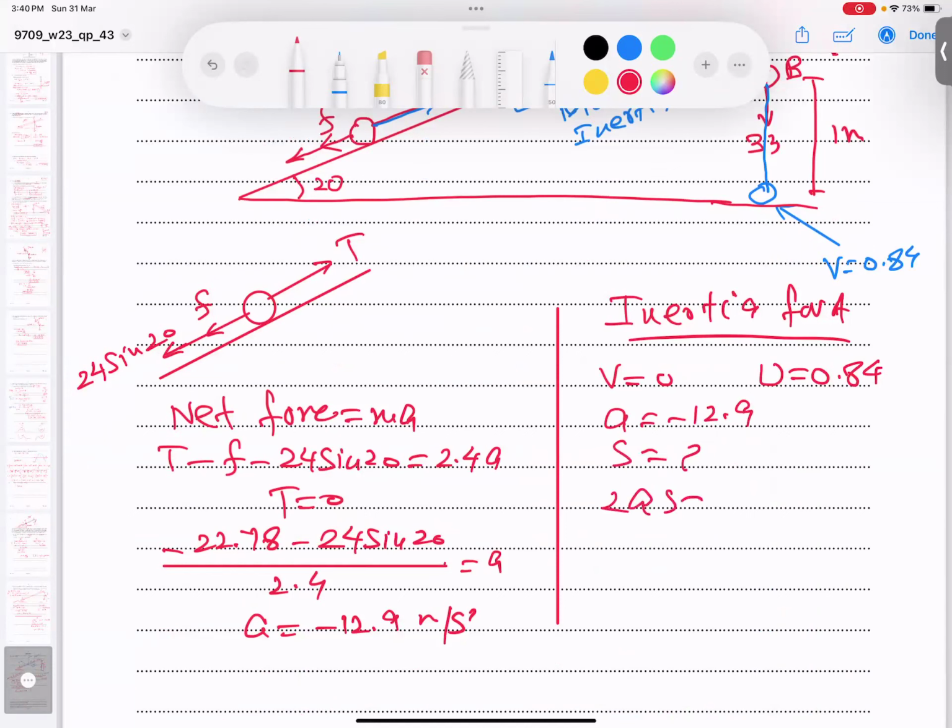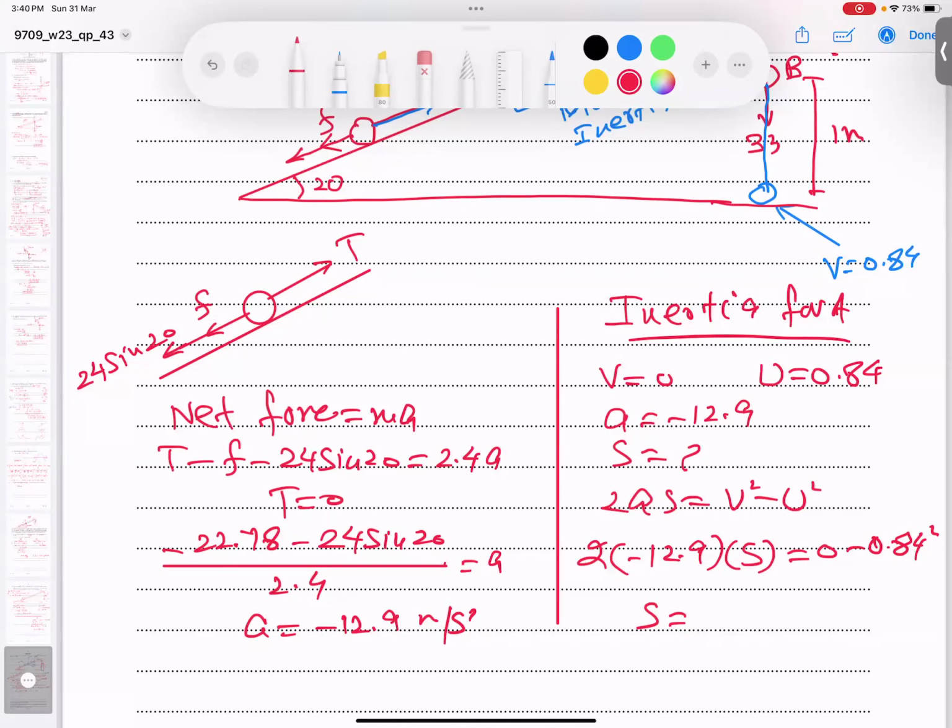So 2as equals v squared minus u squared. s is unknown, the last velocity is 0, u is 0.84 squared. So s is coming, let me check, 0.84 squared divided by 2 and divided by 12.9.